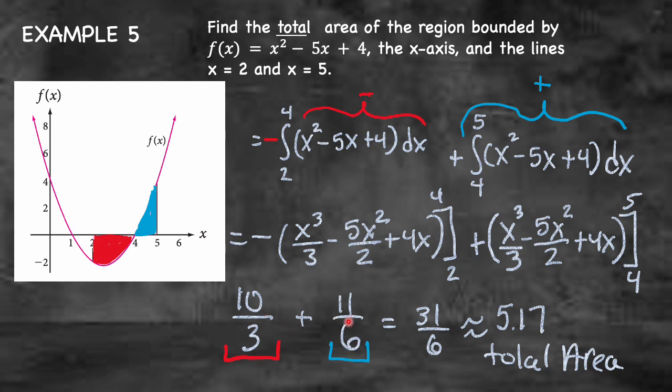And then when I add the total area together, we get 31 over 6, and you can estimate that with a decimal as 5.17. So this is the total area. Now compare that to the area we found in the previous example, and you can see that the total area is bigger because we're not finding the difference between what's below and above the x-axis.